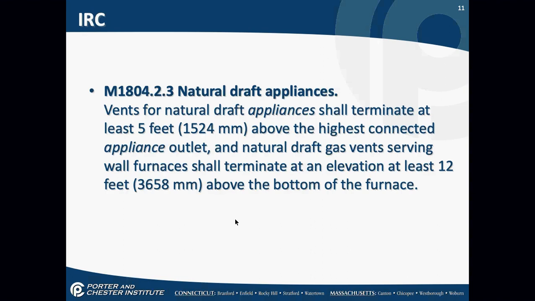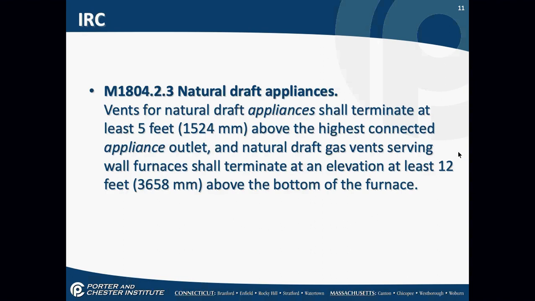In other words, if we install something on the top floor, the vent has to extend at least 5 feet above the highest one. Natural draft gas vents serving wall furnaces have to terminate at least 12 feet above the bottom of the furnace.